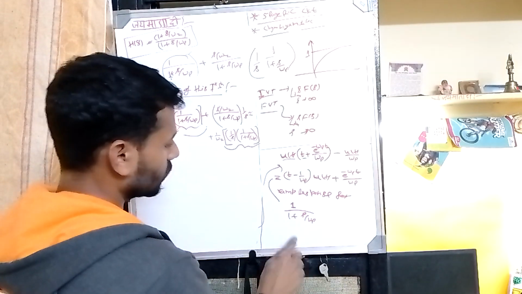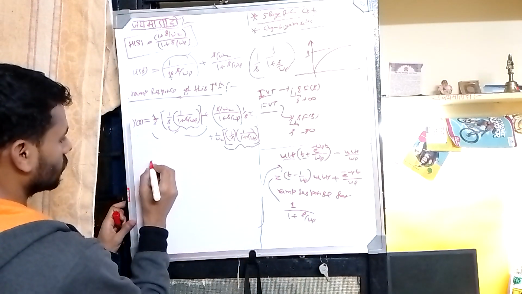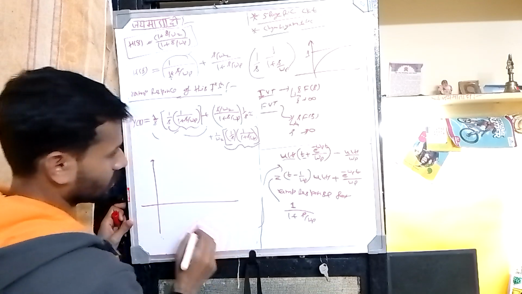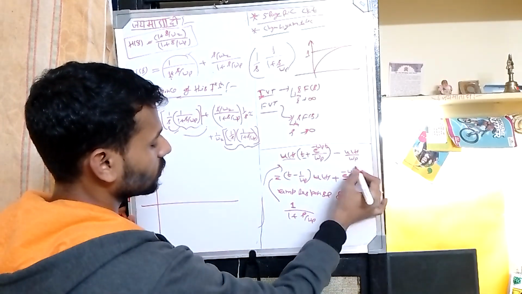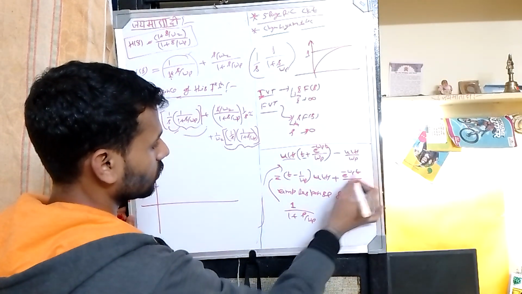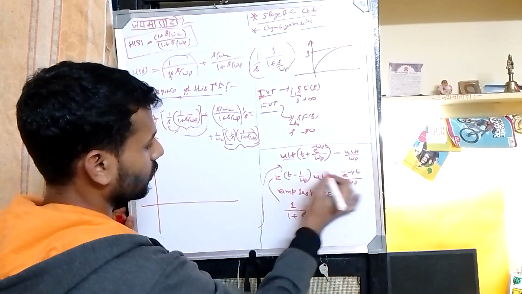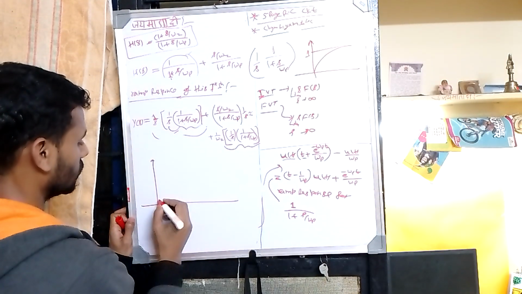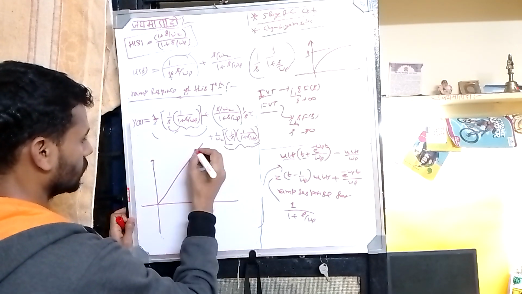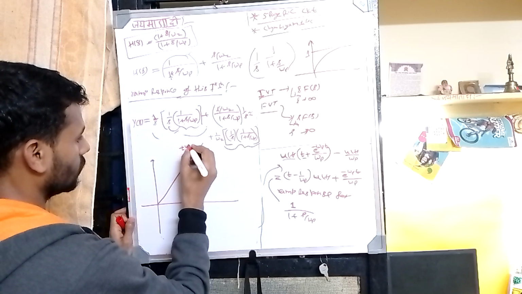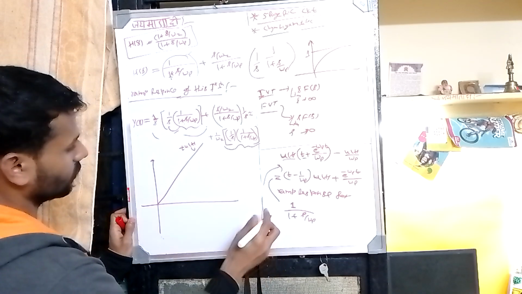See, if you plot this, then it will look like this. At t equals 0, it will become 1 by omega p, omega will be gone. This is the input u(t) for this transfer function.